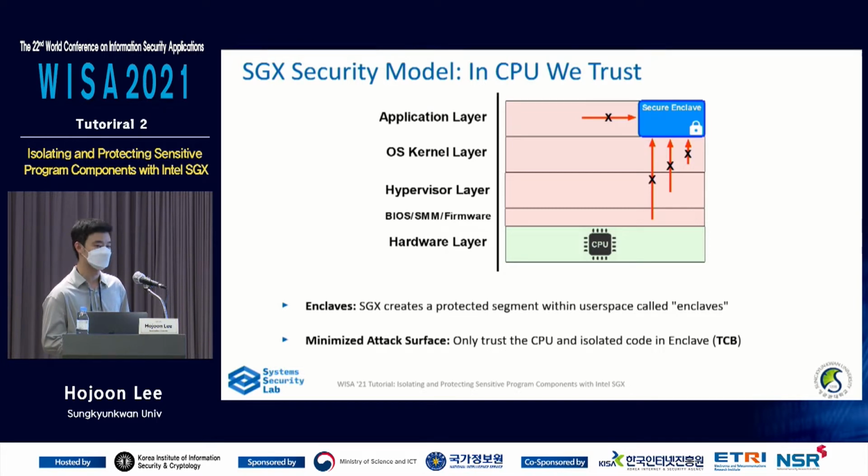In the SGX architecture model, we also trust the TCB that is placed inside the secure enclave. So we trust two things, and we don't trust anything else. By trusting less, we get a minimized attack surface. For example, we don't need to worry about possible vulnerabilities in the software stack that comes below the user application.